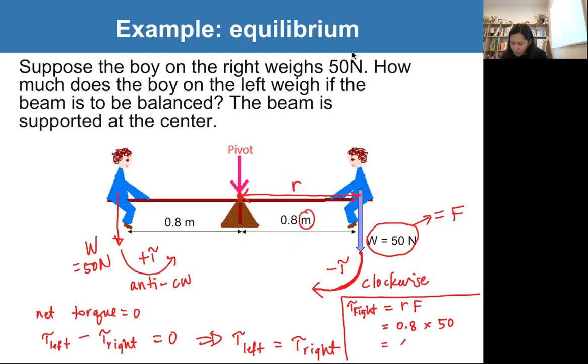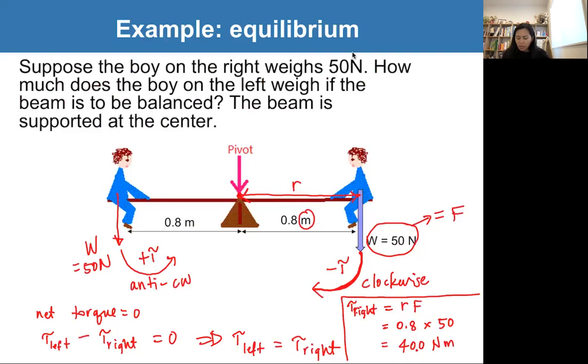So this will be 40 newton meters for the torque.